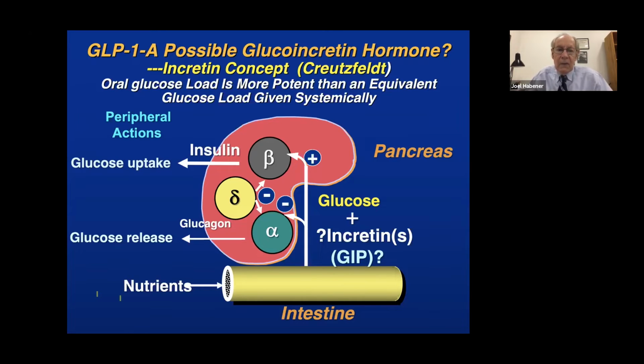So there was something that the oral glucose did, namely from the intestine, that augmented glucose-dependent insulin secretion.